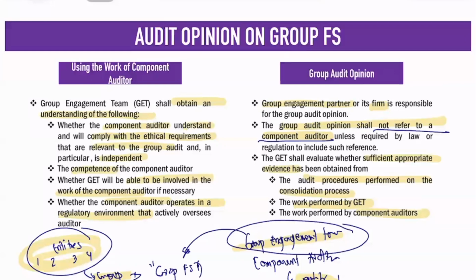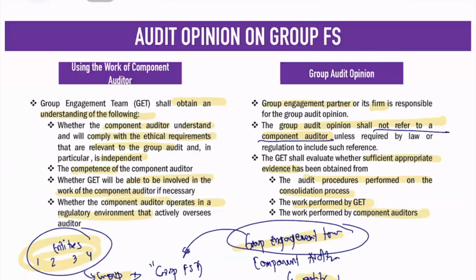Again, the group engagement team together with the group engagement partner should evaluate the effect on the audit opinion of the misstatements, whether identified by the group engagement team or those communicated by the component auditors, and whether there's an inability to obtain sufficient appropriate audit evidence.